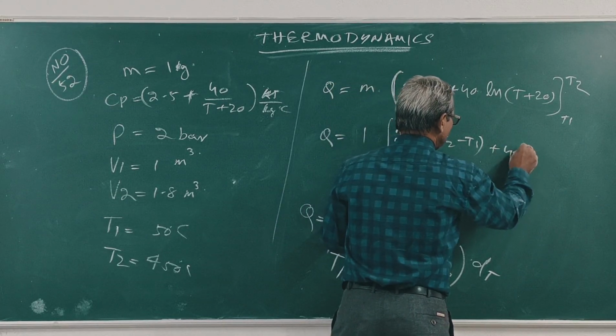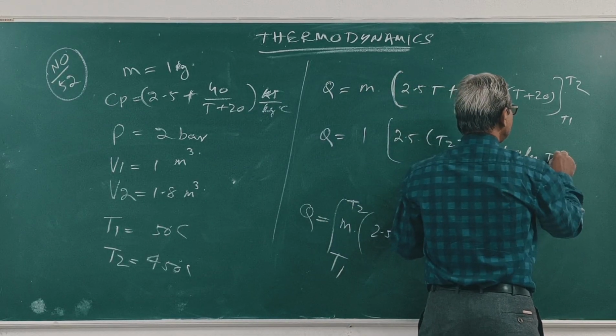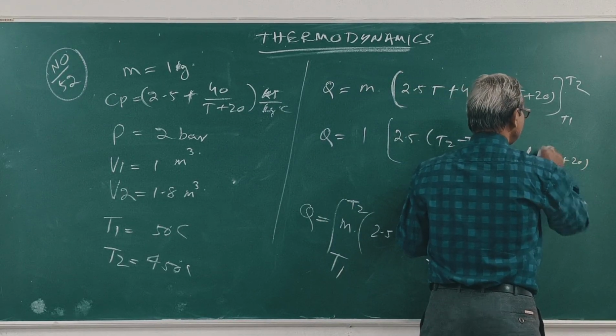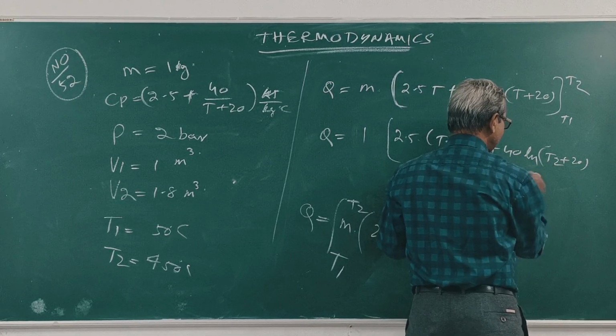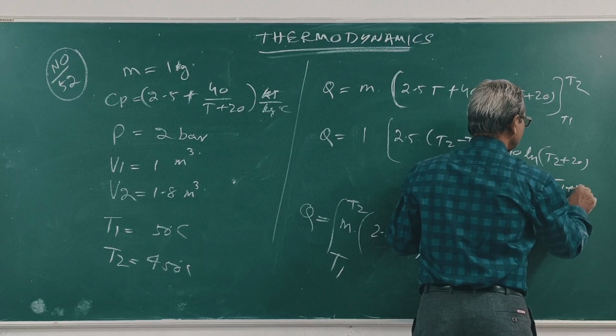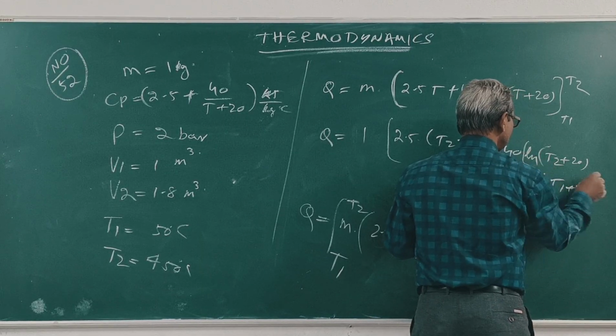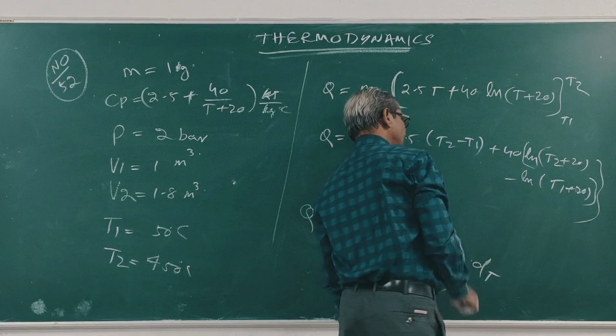Plus 40 ln (T2 plus 20) minus ln (T1 plus 20). Clear?